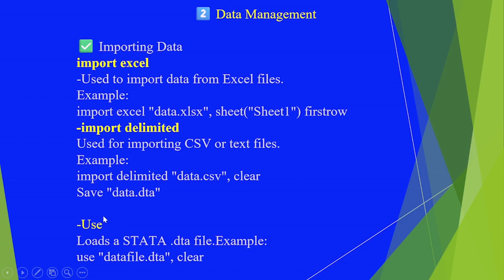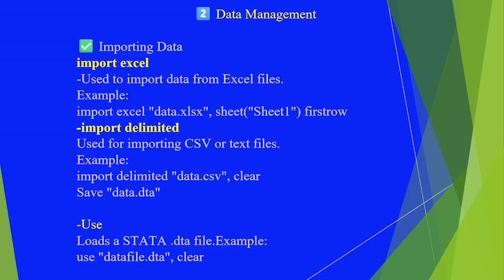And we can as well use the use keyword, which will load a STATA file, and the STATA file ends with a .dta extension. For example, you can say use datafile.dta, clear. So clear simply means we want to clear any active dataset in STATA memory.